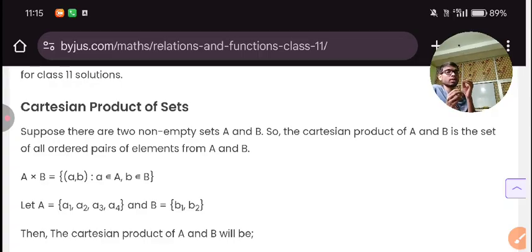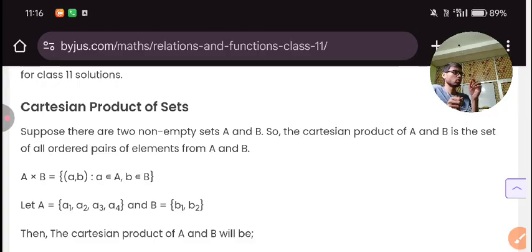Unless we have this basic Cartesian product of sets, we will not be able to understand what a relation is. That's why it is given here. Now, Cartesian product of sets. In our language, we can say it is a set which has ordered pair elements.